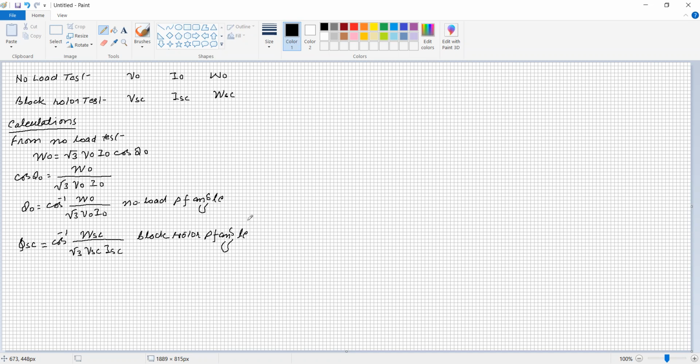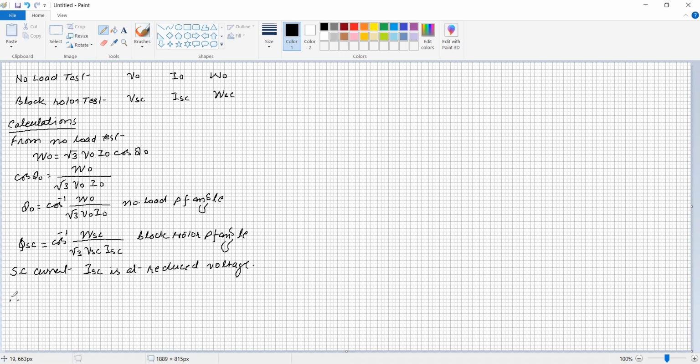Okay, from both the no load test and block rotor test. Now here the short circuit current ISC is at reduced voltage. Here the VSC is small, it is not the rated voltage.